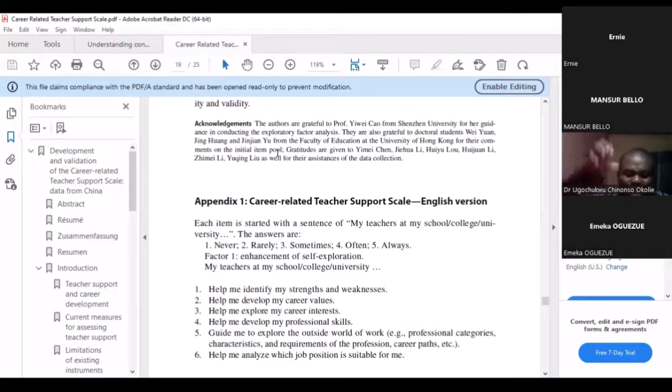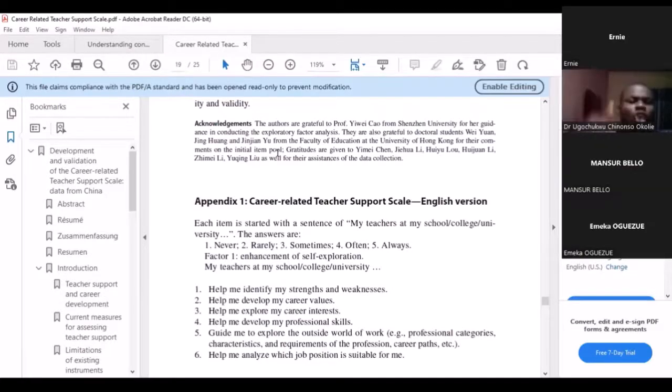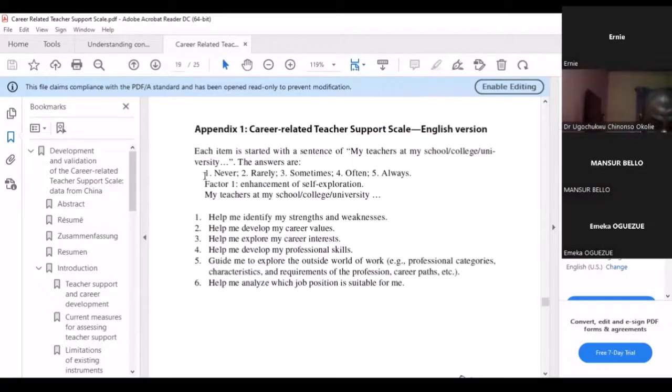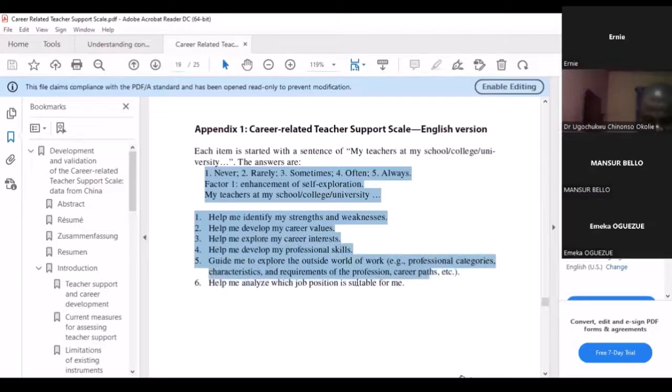And then they grouped them into 3 factors: enhancement of self-exploration, informational support, emotional support. And they went on to collect further data to run exploratory factor analysis before they were able to develop each of these scales, each of these items that you are seeing here.